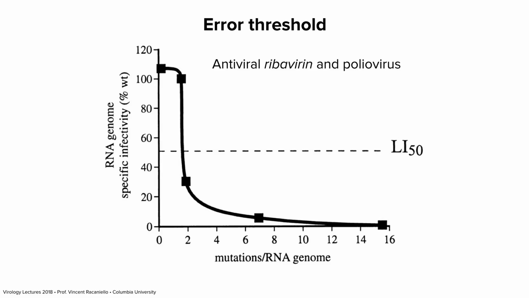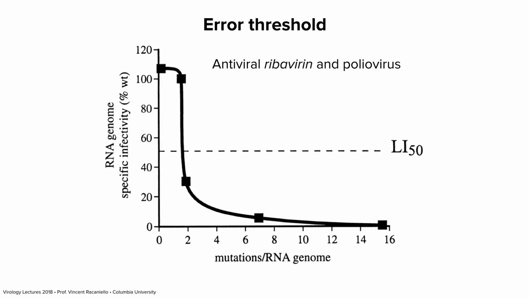So here's an experiment where we've taken poliovirus, and we are adding increased amounts of ribavirin to the culture, and we're taking a virus that grows and looking at its infectivity, and then sequencing the genome and figuring out how many mutations are present per genome. So y-axis is the infectivity, whereas unmutagenized virus is 100%.